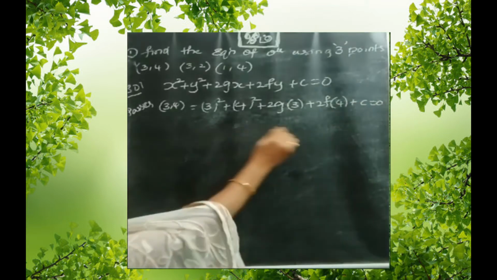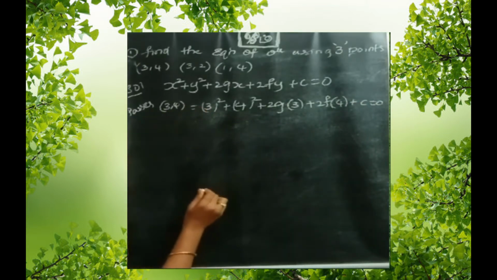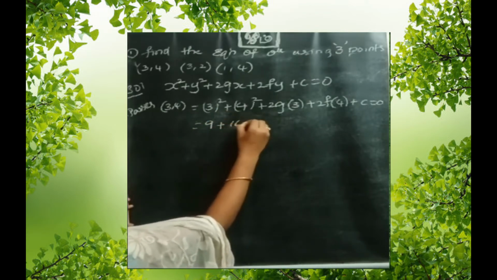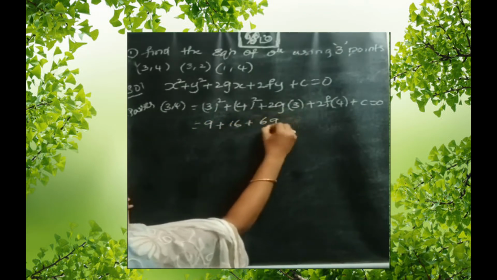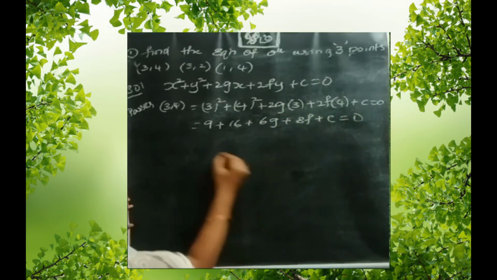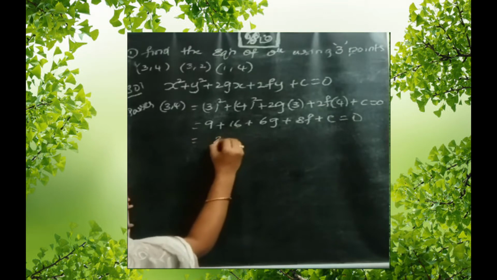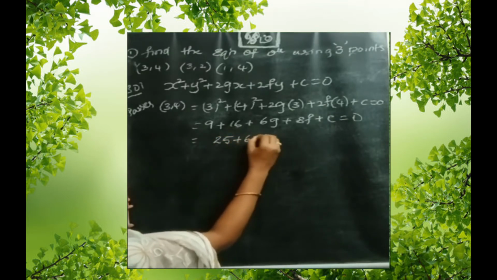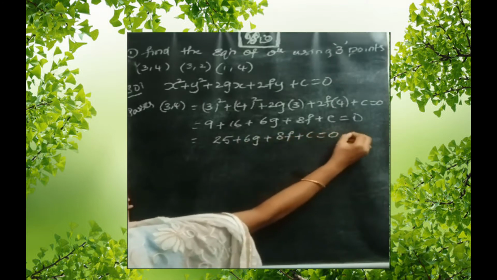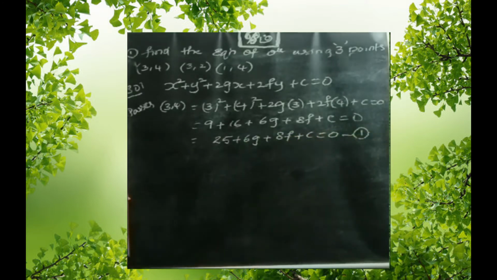This is our point which we have substituted here. Now find the equation: 9 plus 16 plus 6g plus 8f plus c equals 0. 9 plus 16 is 25, so 25 plus 6g plus 8f plus c equals 0, which is our first equation.